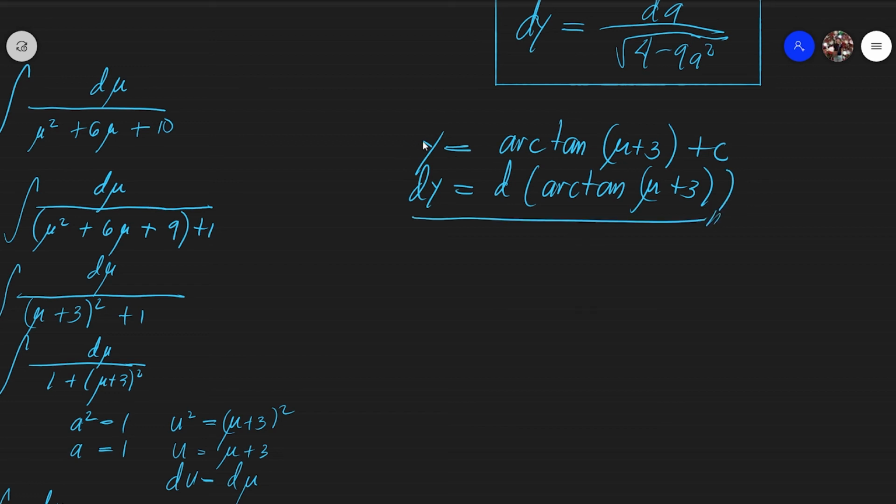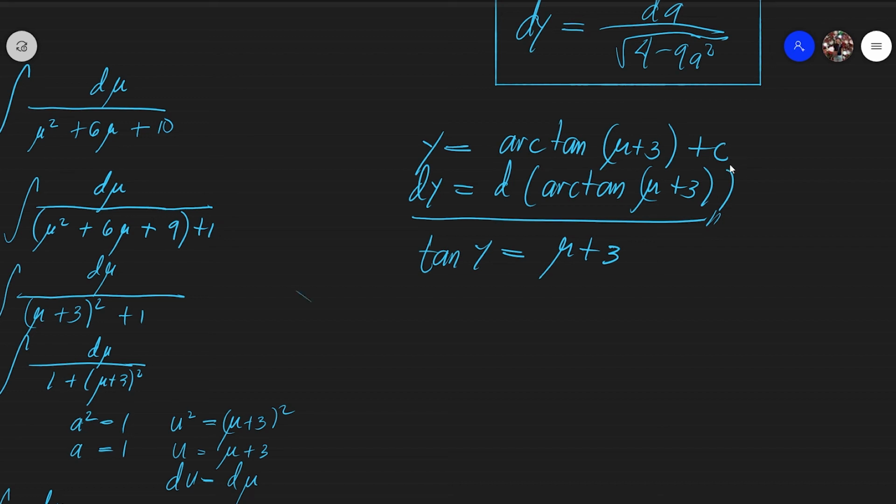So you can rewrite your original function, y is equal to arctan mu plus 3 plus c, as tangent y is equal to mu plus 3. Hindi ko na isasali yung plus c, because the differential of c naman is just constant.